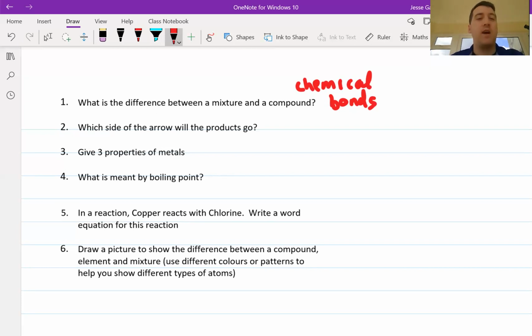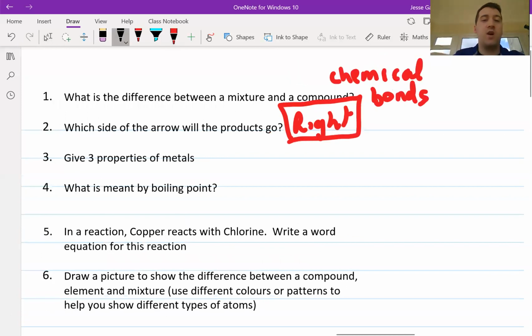That's the key. Okay, which side of the arrow will the products go? Well, that should be right. So again, you should have said products go on the right, but I'm only writing down the keyword you must have. Give 3 properties of metals. Okay, I'm hoping you guys really know that strongly by now. So you could have said things like malleable. You could have said things like conductor.